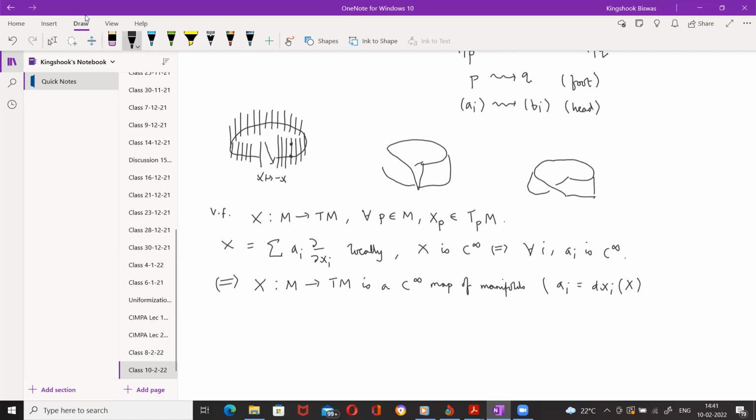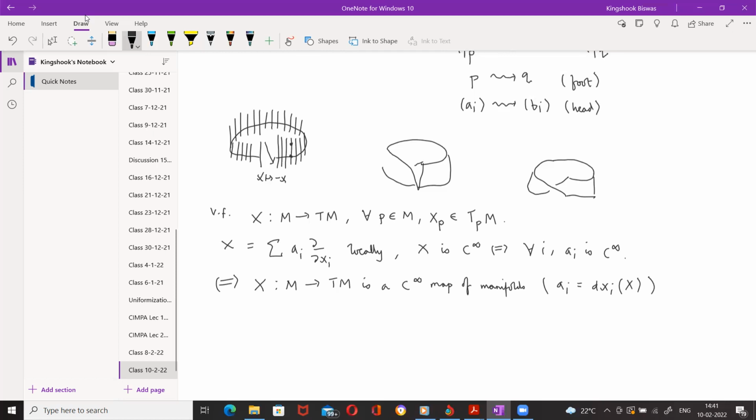So the a_i's are the local coordinates of X. Is this clear? So when is a map between manifolds smooth? When its expression in the local coordinates is C infinity, and its expression in the local coordinates is just a_1 to a_n, which are the dx_i's applied to X. Is this clear?